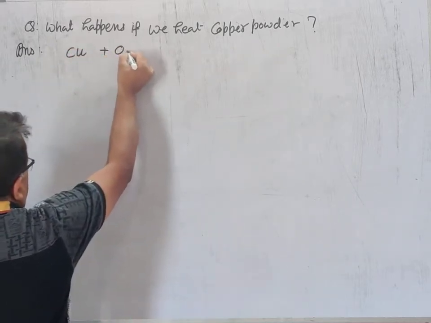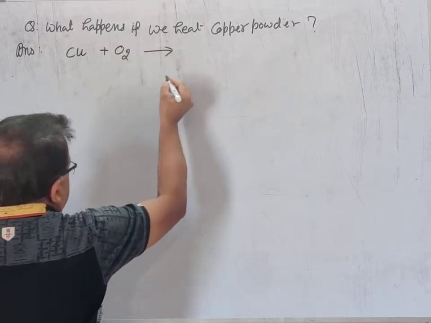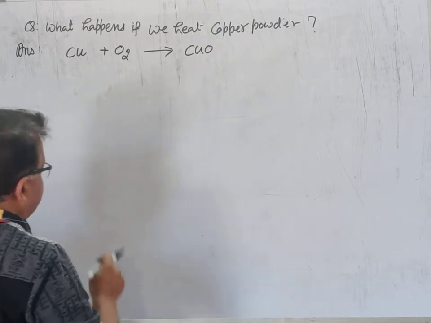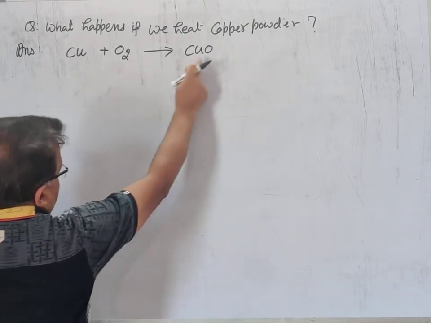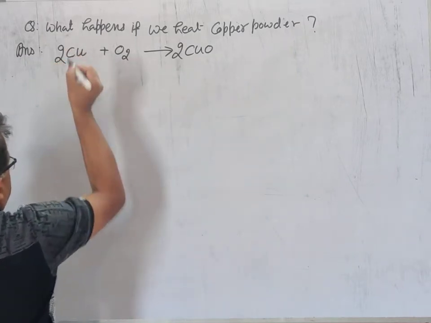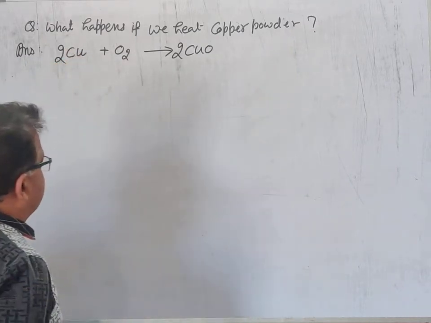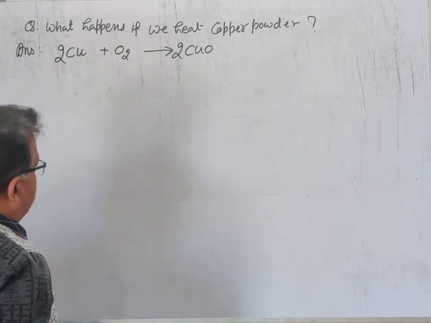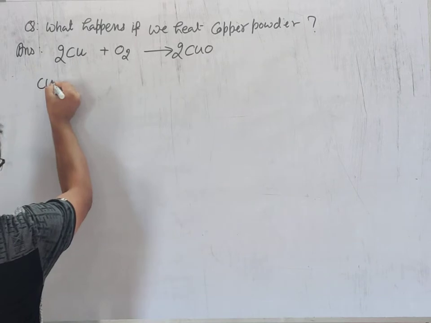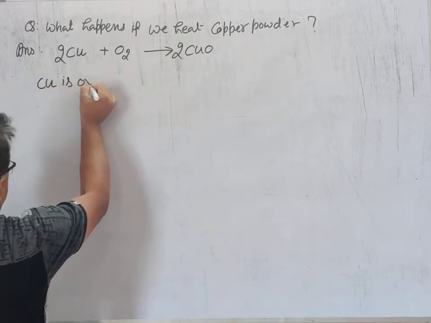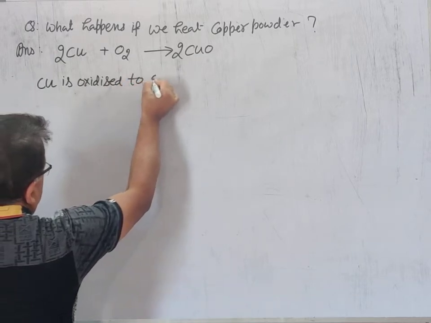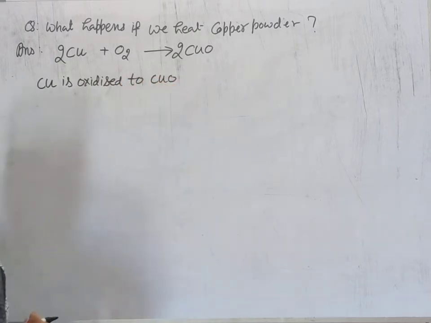Heat means reaction with oxygen, and if we heat we get copper oxide. Now for balancing, there are two atoms of oxygen, there is one, so we shall place a 2 here and here. Now if we want to know which substance gets reduced and which gets oxidized, here Cu is oxidized to CuO because oxygen is added.